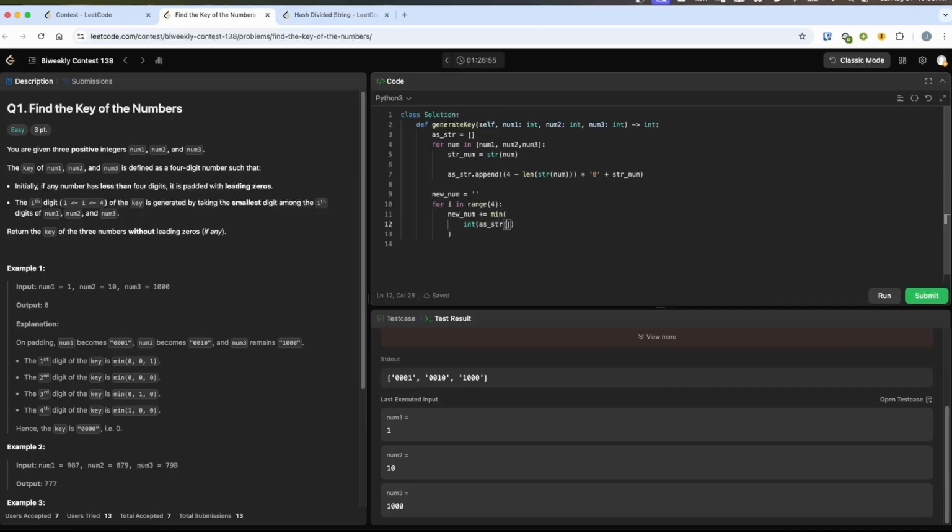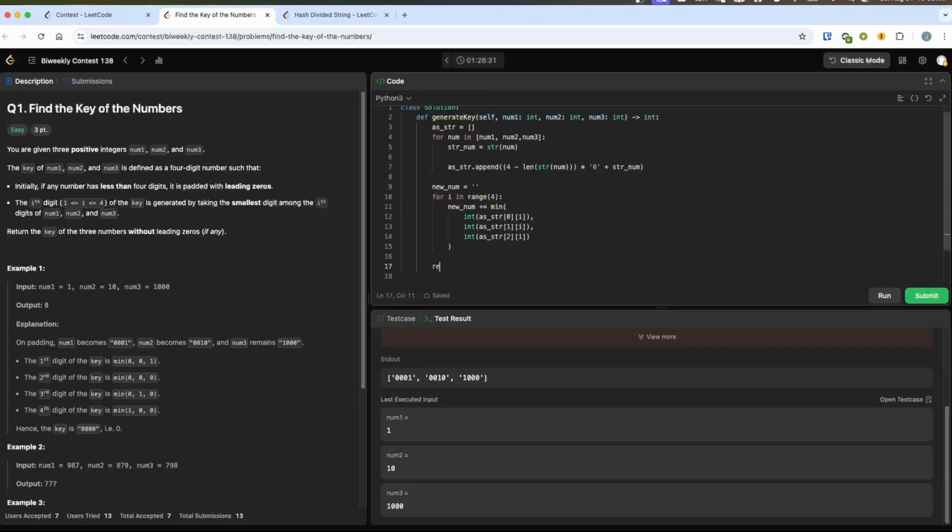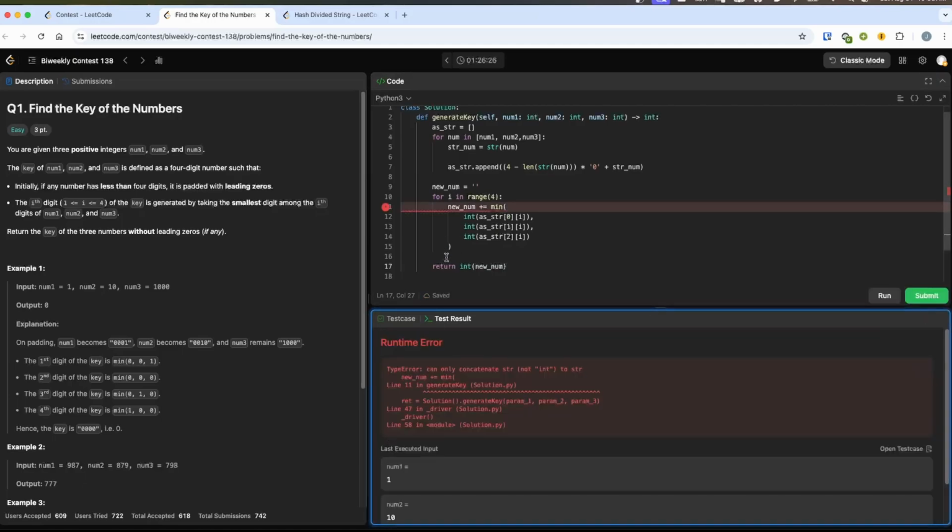Let's just do this whole thing, convert this to an integer, and then we'll basically just turn int of new to concatenate.